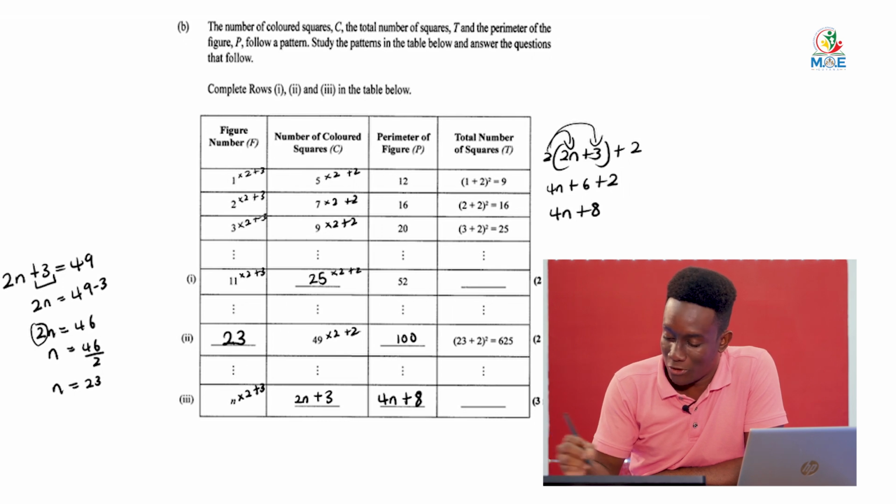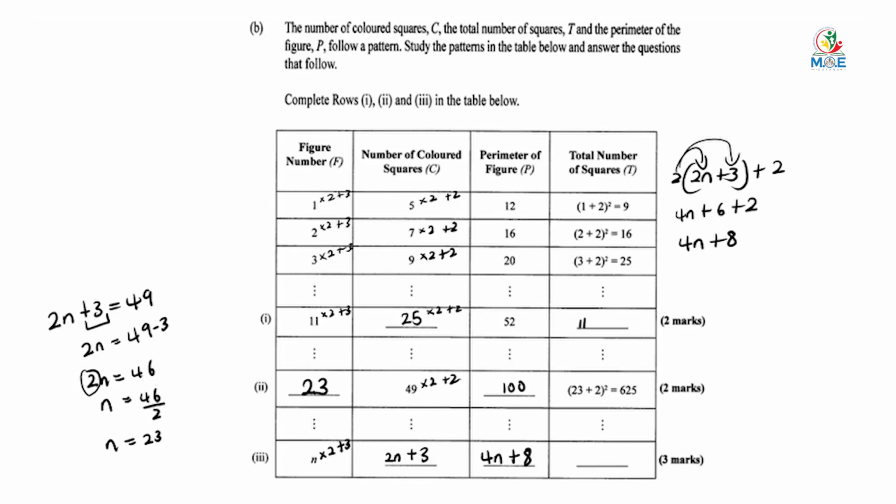So for figure 11, we'll have 11 plus 2, and then of course we square that. So 11 plus 2 would be 13, and 13 squared would be 169. And for this figure here, we'll have n plus 2, and of course we square that.